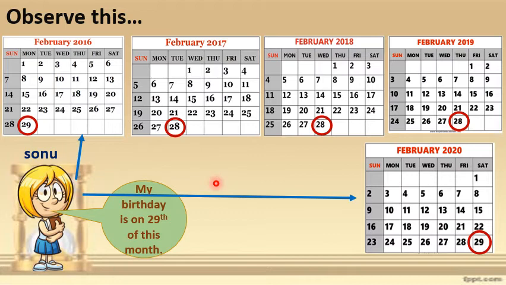Why is this so? Because in these 3 years they have no 29th date of February. Yes, this is because of leap year. We will study about leap year. Okay, come on.